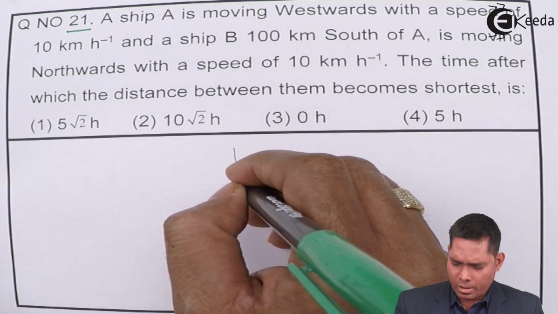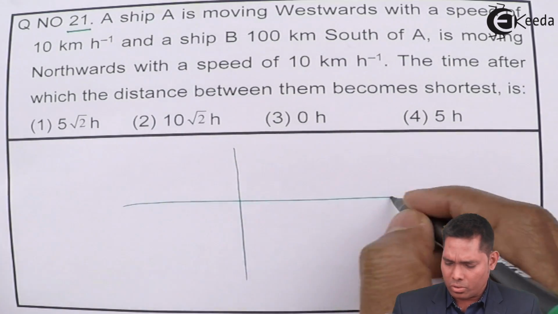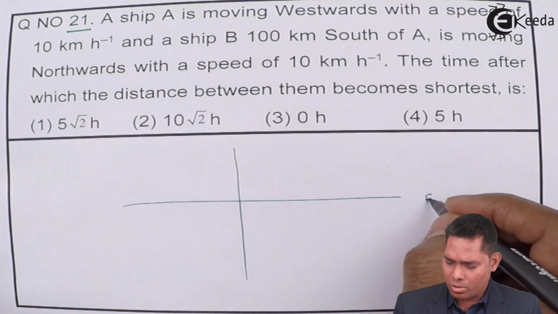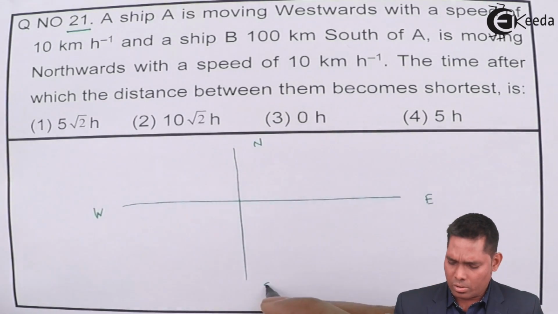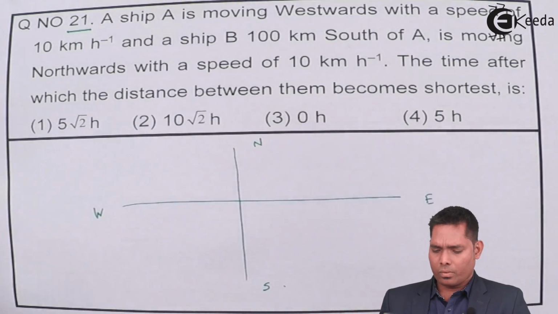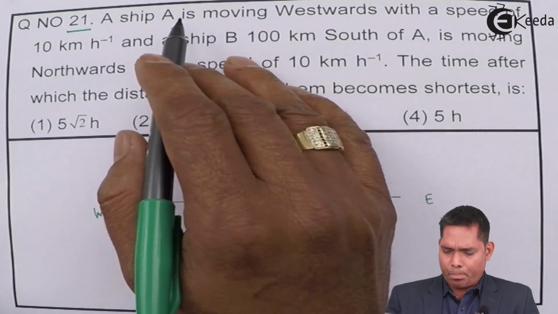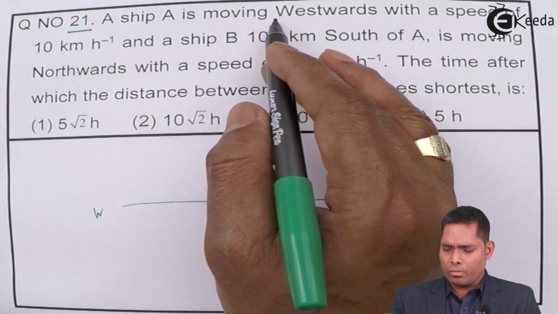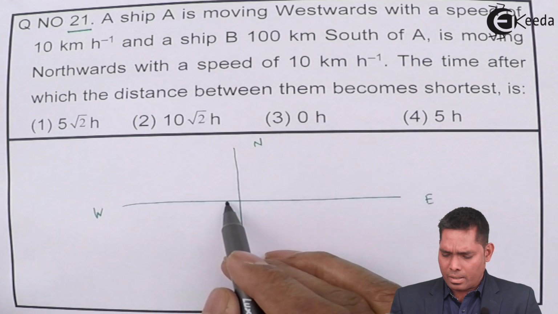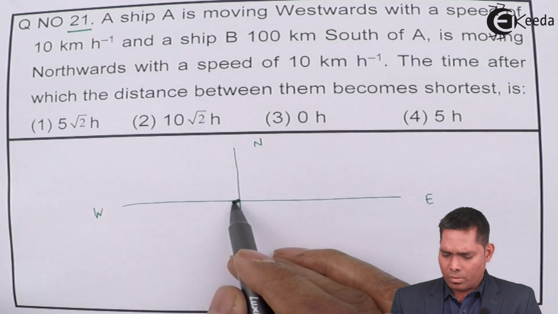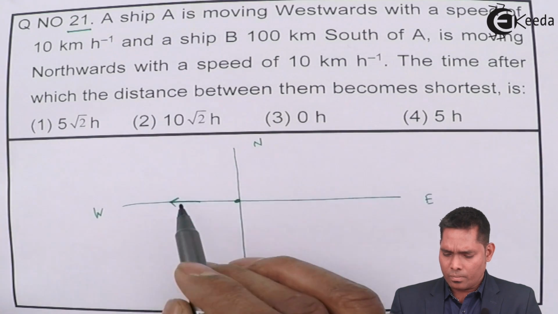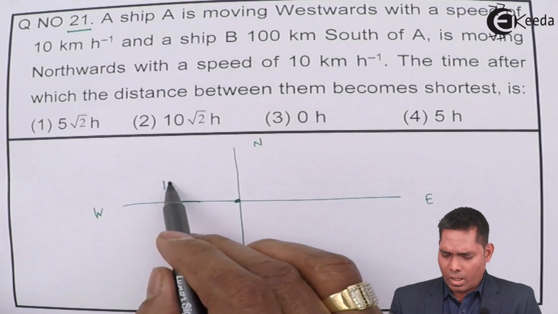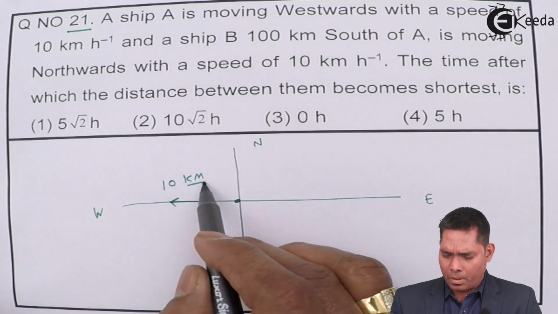First let me draw the directions: east, west, north, south. Ship A is moving westward in this direction with 10 kilometers per hour.